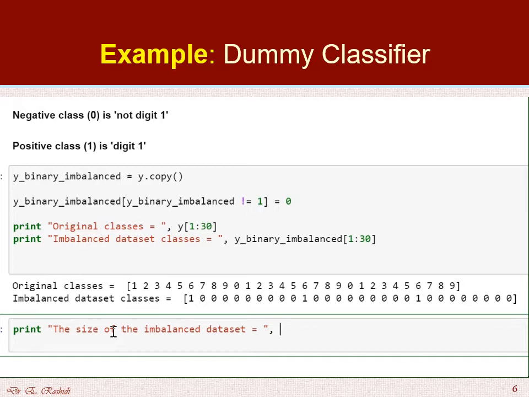It's going to count the number of zeros and the number of ones, the two classes that we have. np.bincount, and I'm going to give it the y_binary_imbalanced that we made.